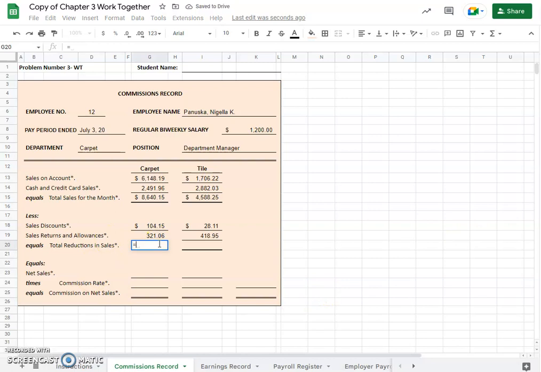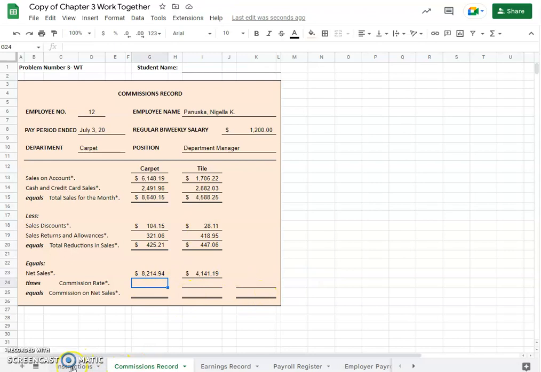We'll do a quick addition function, adding them together. Copy it, paste it, Control-C, Control-V. And our net sales, we would just subtract. Copy and paste, use the same formula.